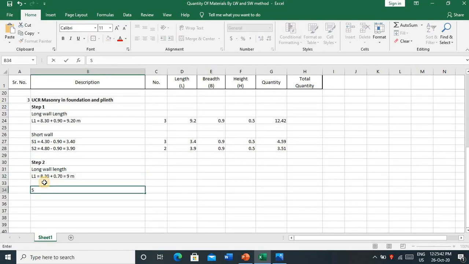For short wall length, S1 will be 4.30 minus 0.70, which comes to 3.60 meter.